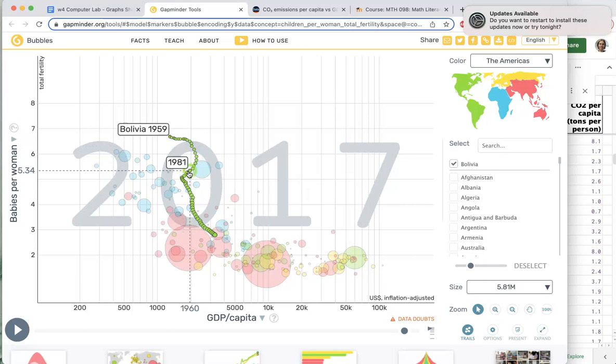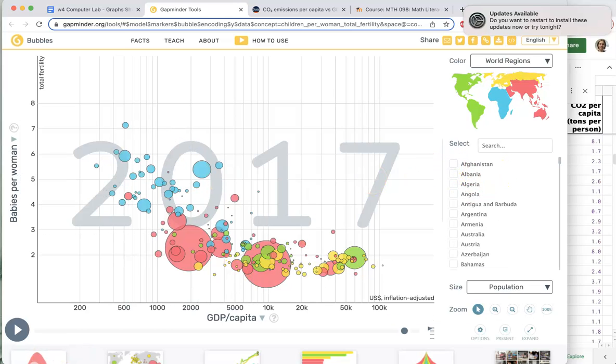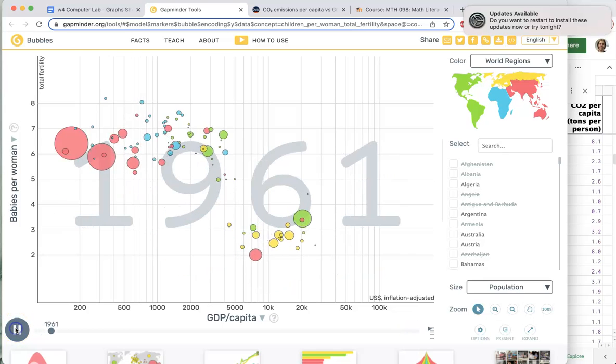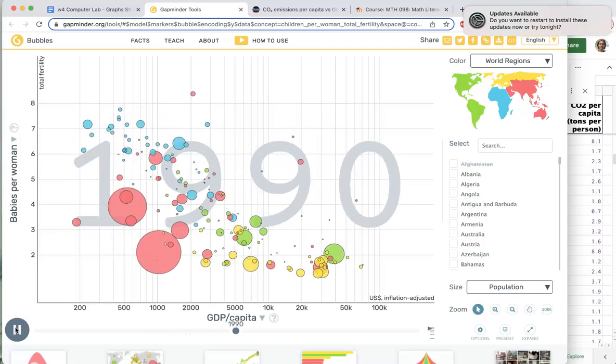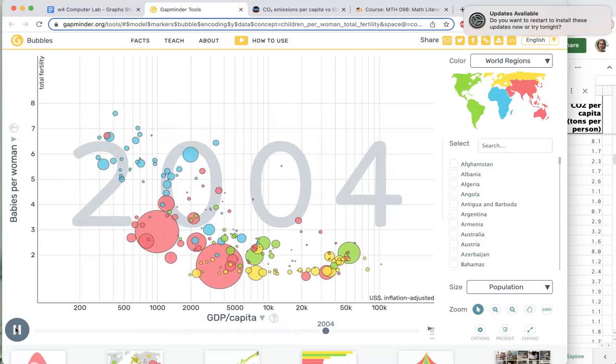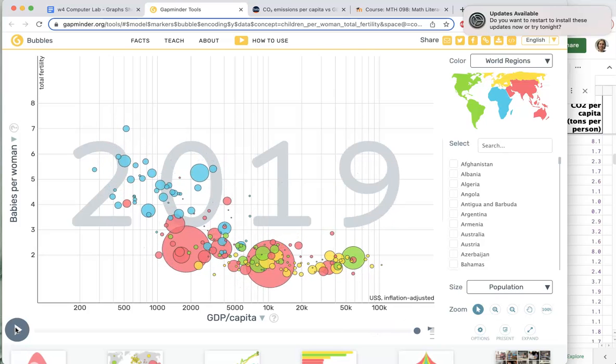Oh, babies per woman coming down the entire time. So this is that period where Bolivia was losing wealth, but babies per woman was still coming down over this time period. And if we uncheck Bolivia, we can then just look at the whole world. And again, we can watch how did babies per woman change over time as countries got richer. And generally, countries are getting richer as time goes by.